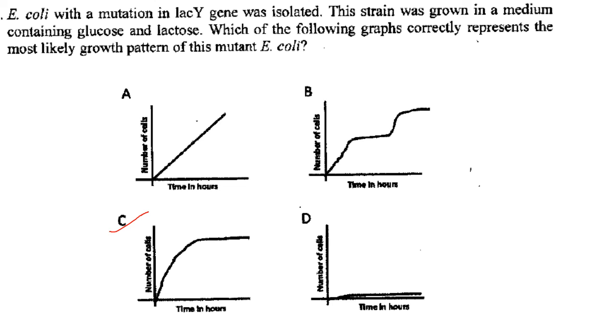That is, it facilitates and regulates permeability of lactose into the cells. So once glucose has been utilized, the E. coli will not be able to utilize lactose. So it will be option C will be the answer.